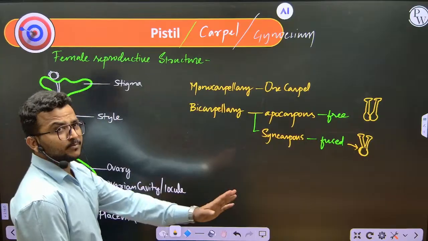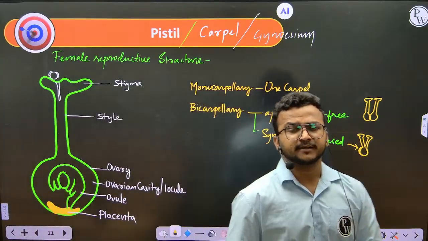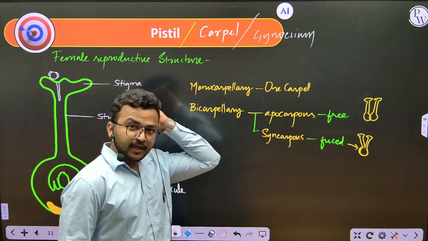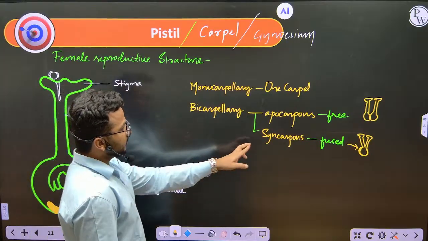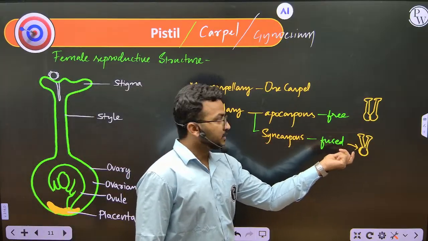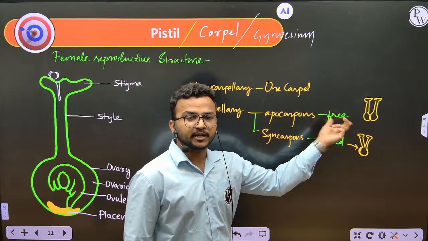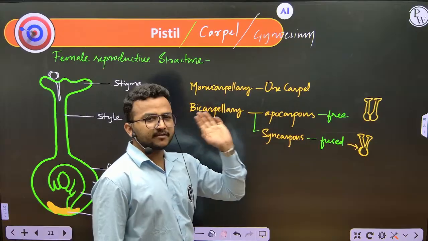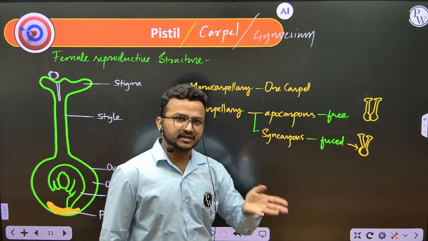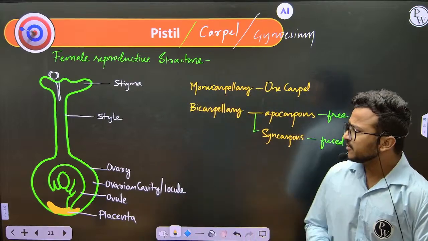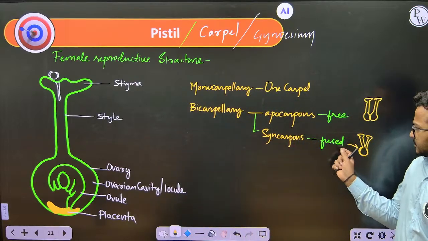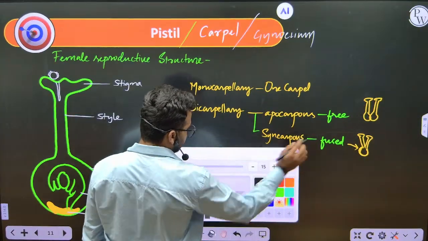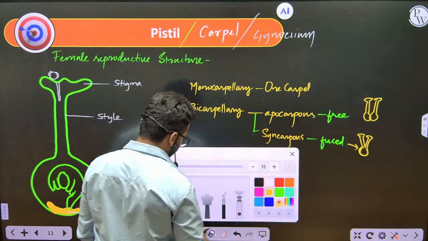Some examples are also given in your book, in images on the right side corner. Syncarpous means fused. Apocarpous means free. In the syncarpous condition the carpels are fused, whereas in the apocarpous condition they are free.